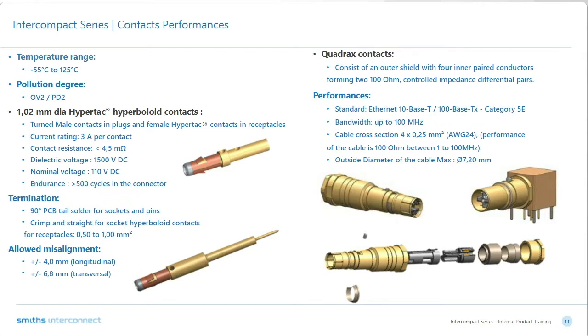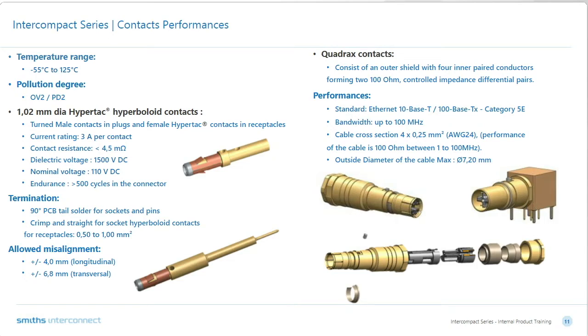Now, why does that -40 to -55 make a difference? Particularly for those of you working on applications in extreme areas, let's say North America or the Nordic area, the temperature does go around -55. So it is worth considering that aspect of it.